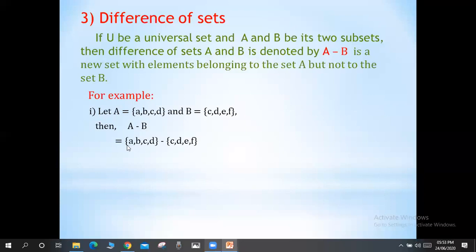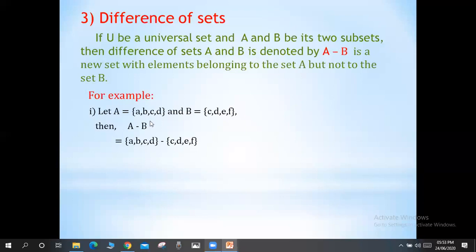Now first write the elements of A: A, B, C, D, minus the elements of B: C, D, E, F. Then what is A difference B? From the definition, A difference B is a new set with elements belonging to the set A but not to the set B. C and D are elements of B also.